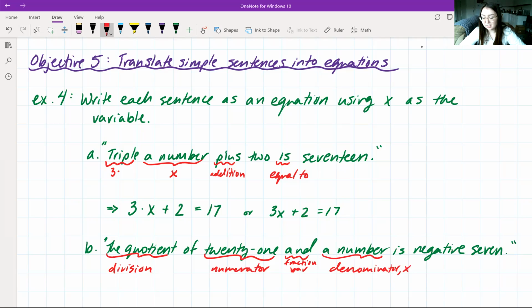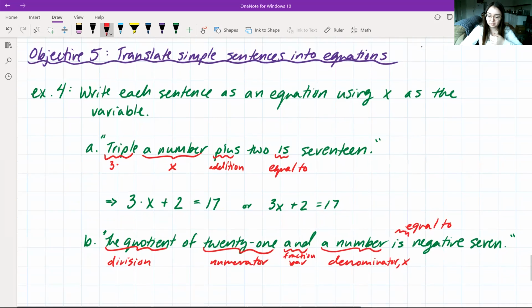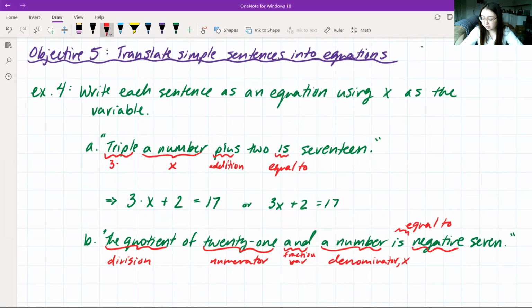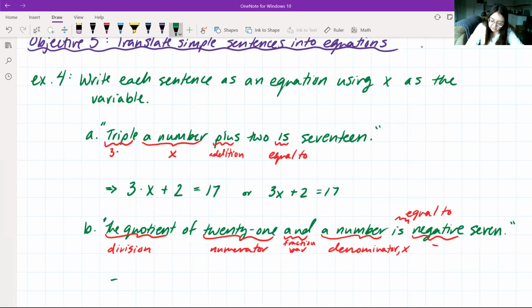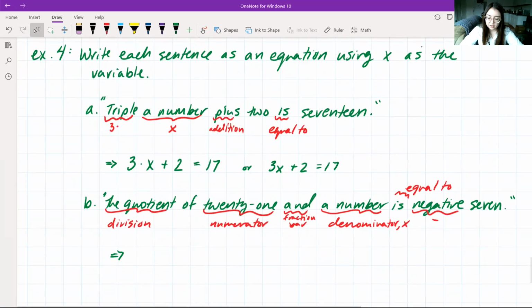And then we have is -7. And that is, remember, the same thing as saying equal to. And then that negative, we know, just means the symbol for negative. So writing this out here, we have the quotient of 21 and a number is -7.